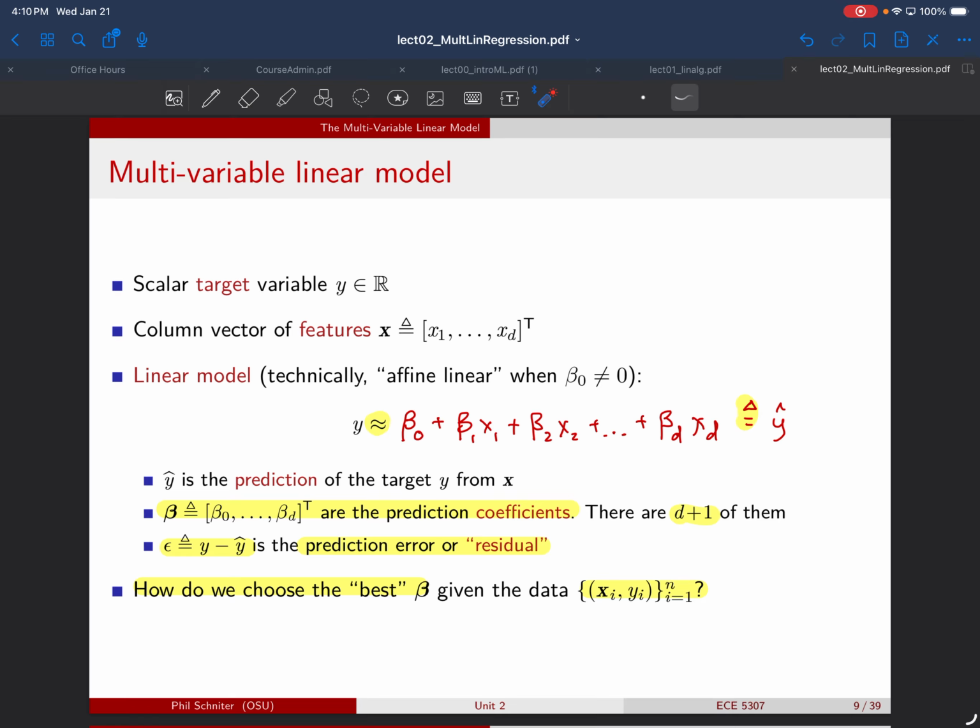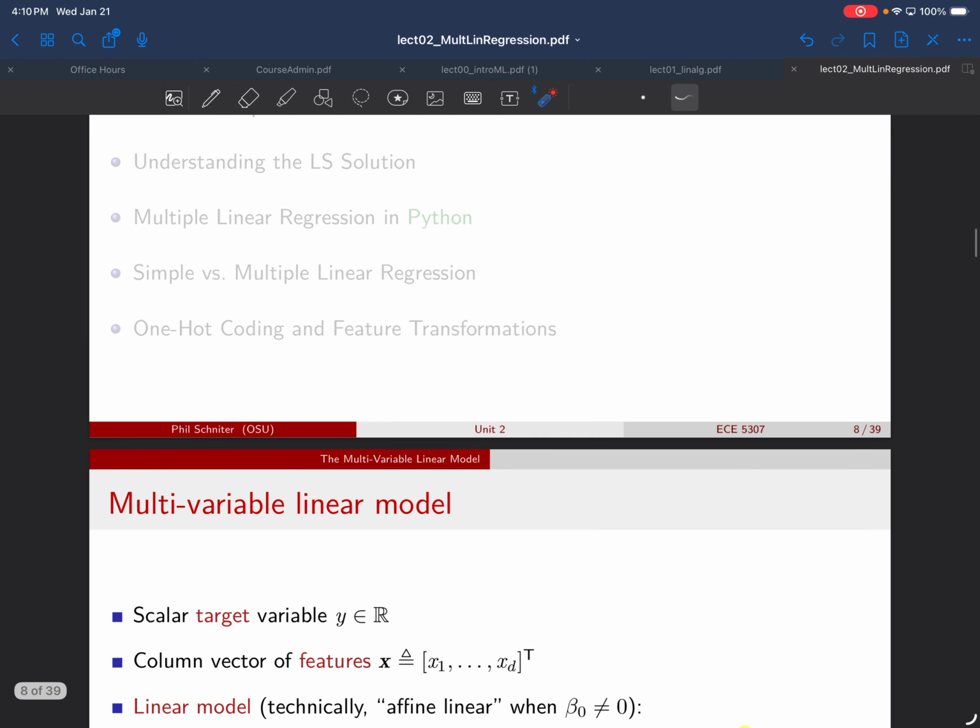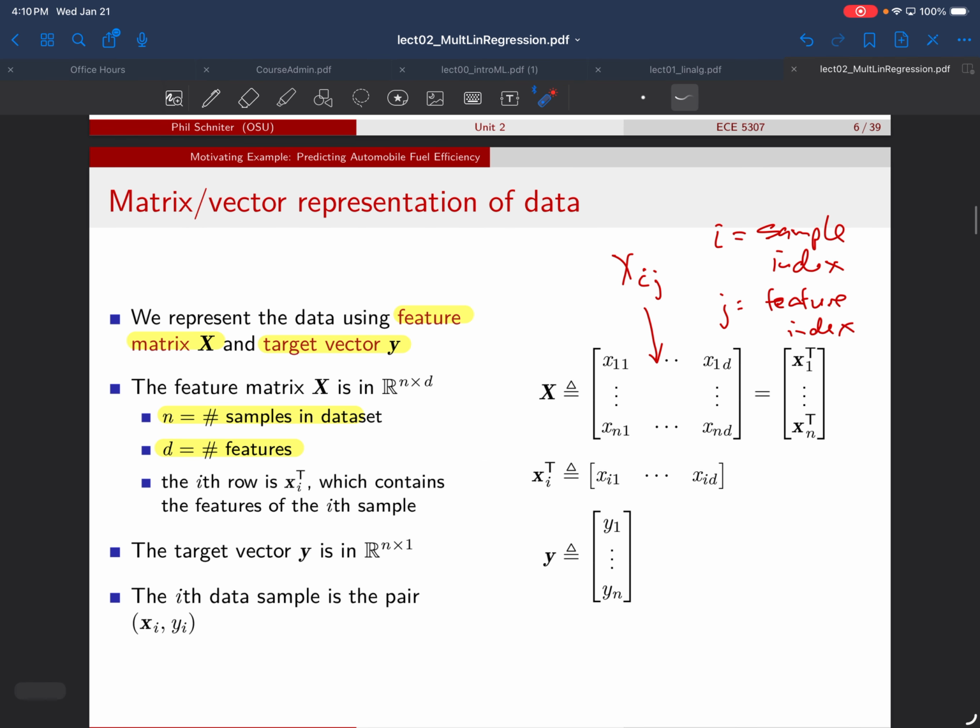So we're going to continue where we left off with the multivariable linear model. In this case, maybe let's back up a moment. The data comes in the form of pairs, where you have a label or a target, and then you have a corresponding vector.